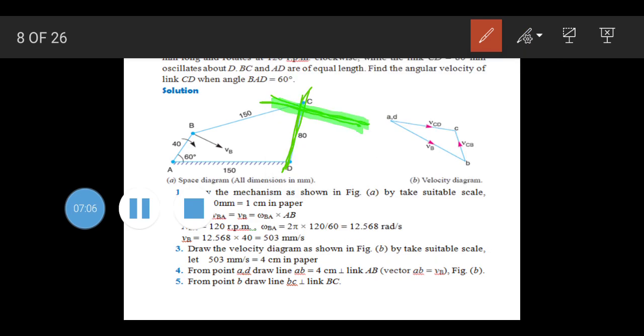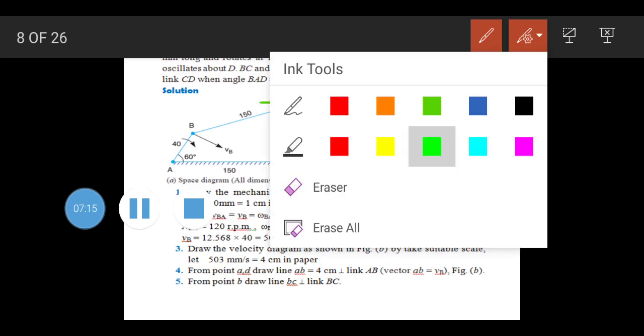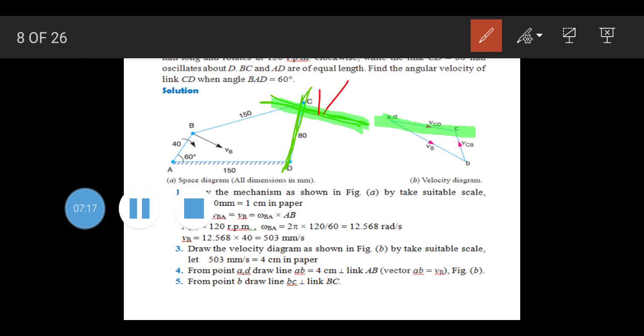This perpendicular line we have to draw from point A. When these two lines are parallel to each other, and we draw this line and this line, they will intersect at this point. That point we will take as point C, and then we will give the naming VA, VCB and VCD.